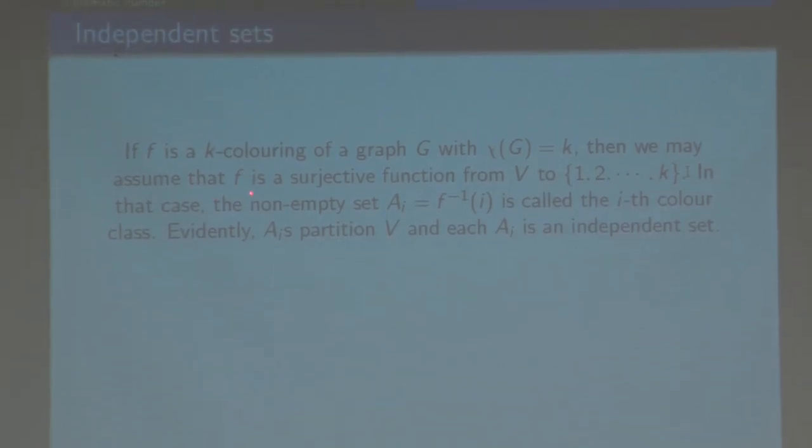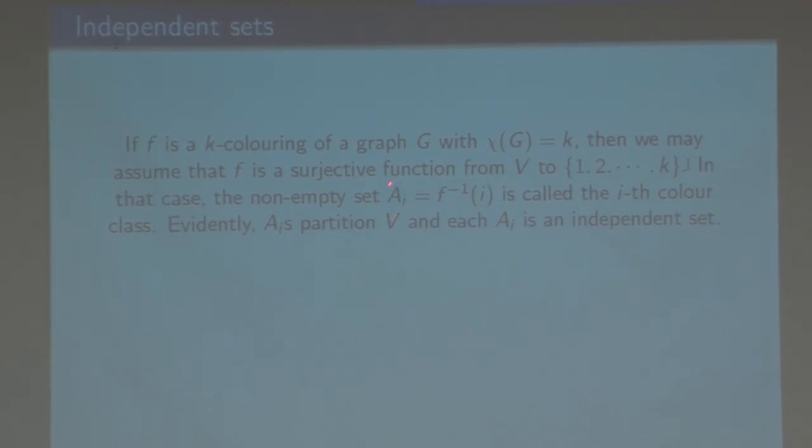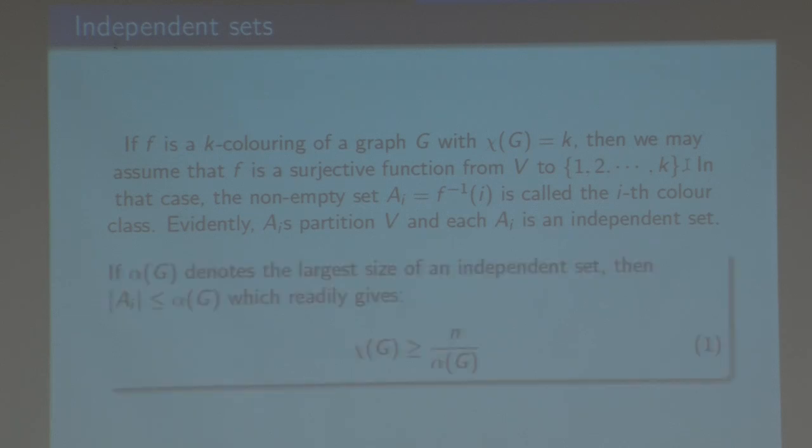So we can now assume that f is a surjective function from the vertex set to the set of first k integers, and these are called the f inverse of i. All those vertices that receive color i form the non-empty set Ai. This is an independent set. There should be no edges inside Ai, and that tells you something about the chromatic number.